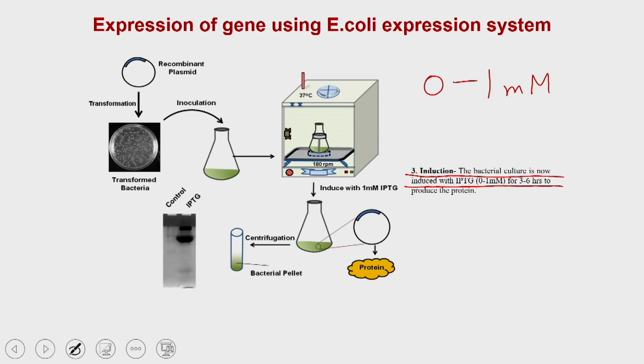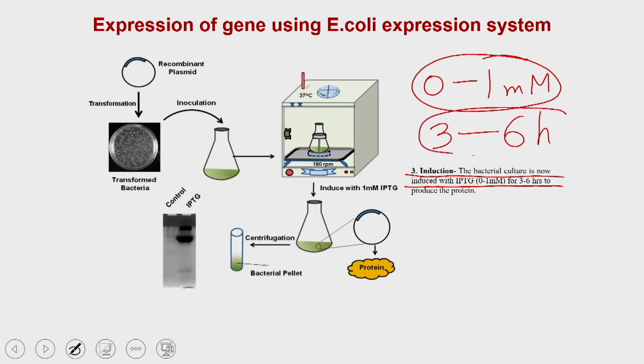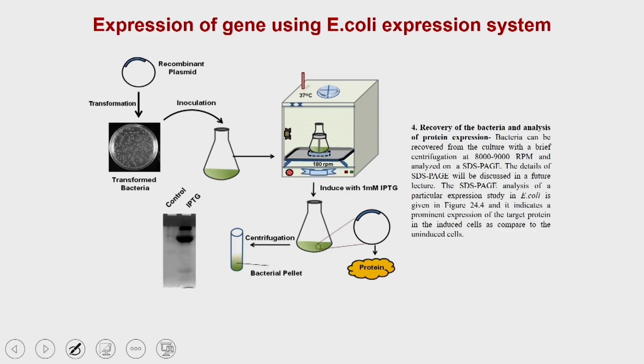You can optimize the IPTG concentration as well as the time of induction. Mostly people use 3 to 6 hours of induction, but this can be optimized for longer periods. Once you do the induction, the protein will start being produced in these bacteria.